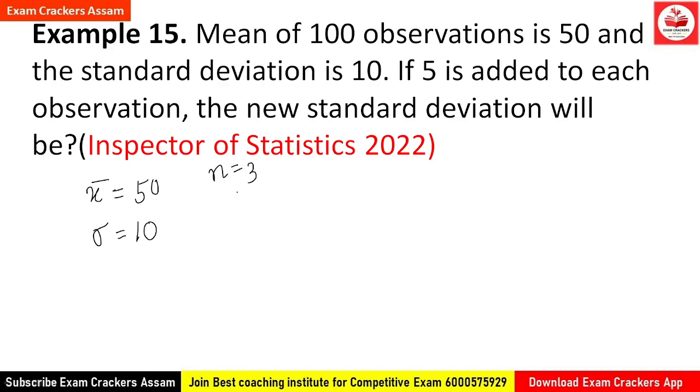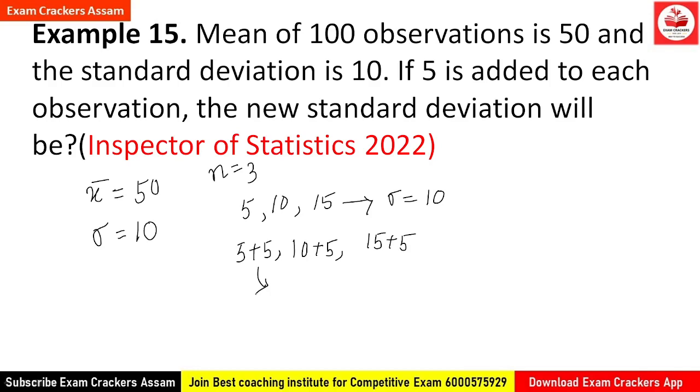We have 3 observations only, and they are 5, 10 and 15. Say their standard deviation is 10. Now if you add 5 to each observation, 10 plus 5, 15 plus 5, so the new set of data will become 10, 15 and 20.